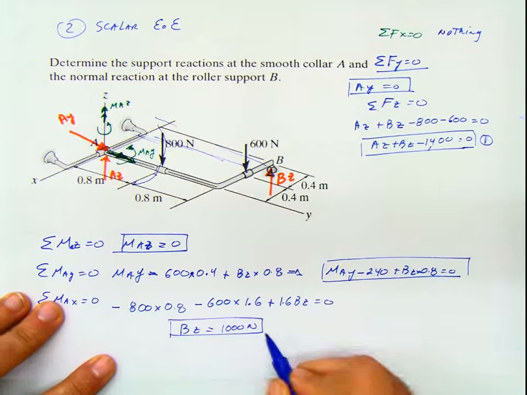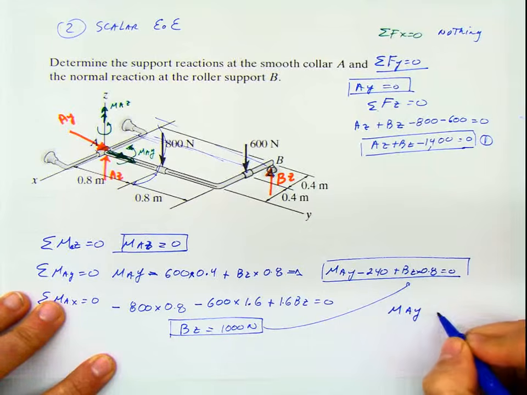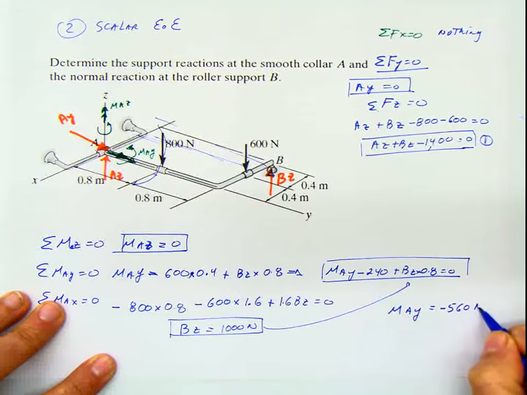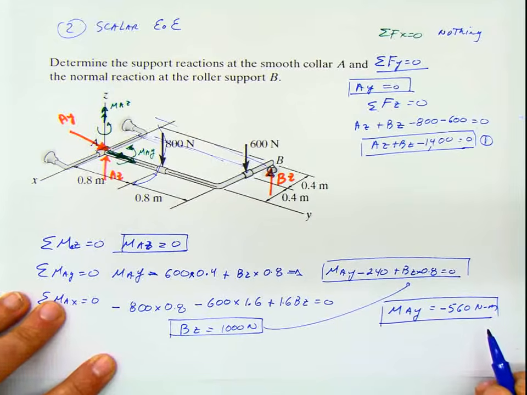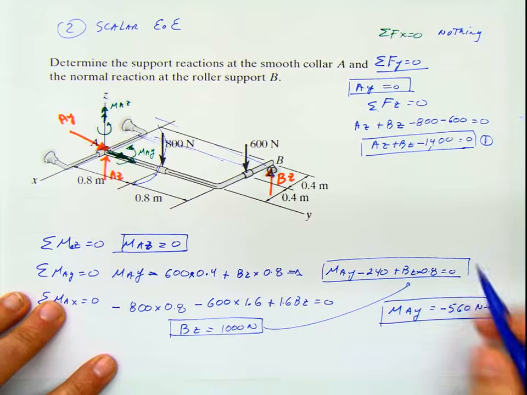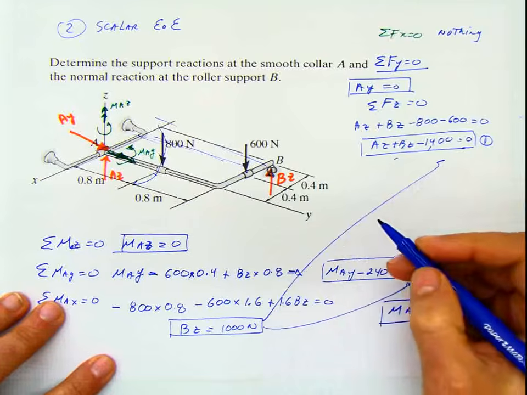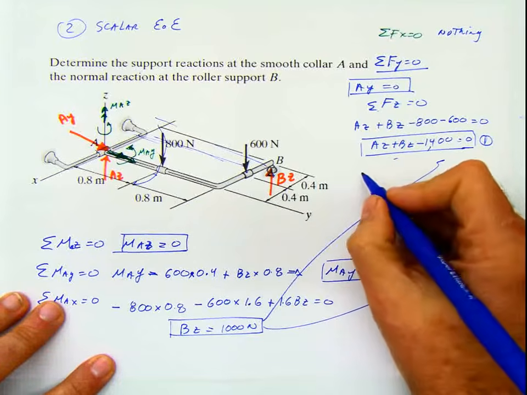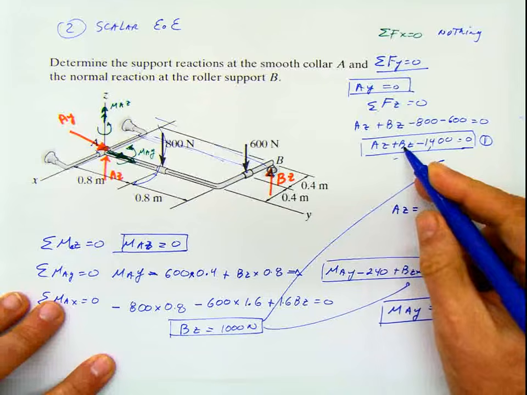From here, I can solve for BZ, and BZ is going to be equal to 1000 Newton. And I can put this BZ into this equation, and then I get MAY equal negative 560 Newton meter. And if I want AZ, I can put this into there, and then AZ is going to be equal to 400.